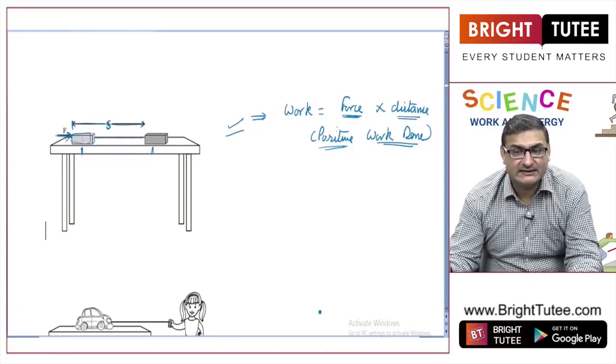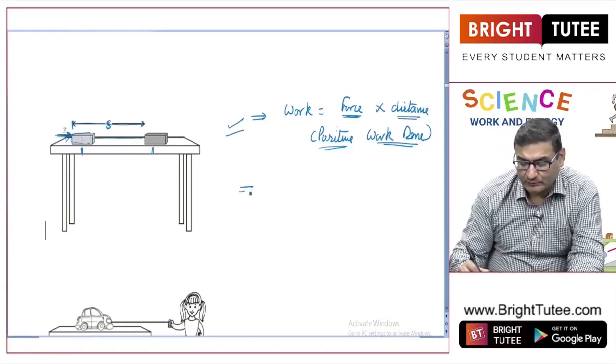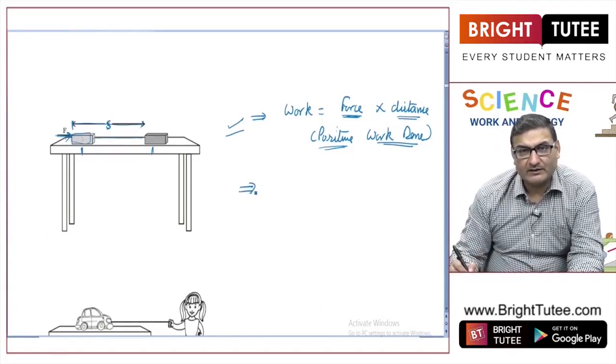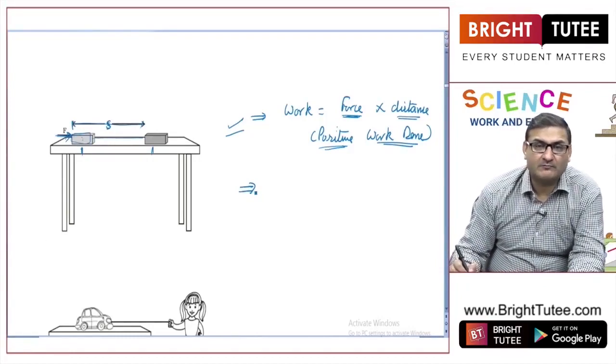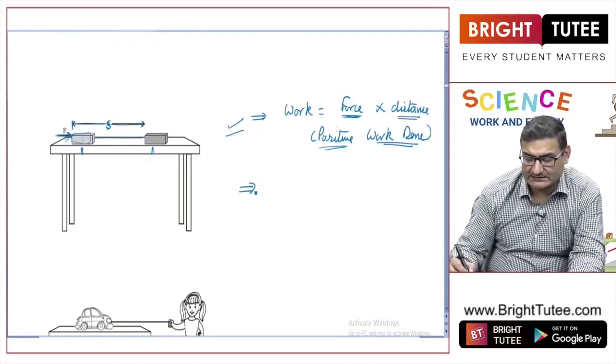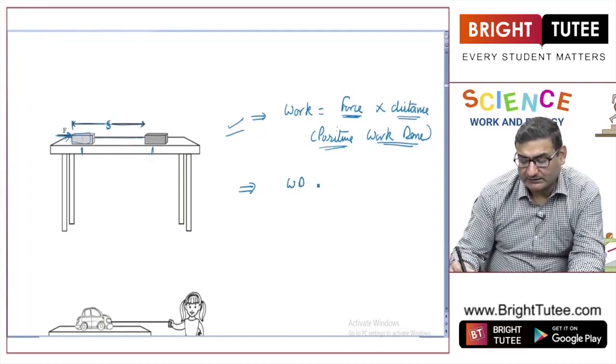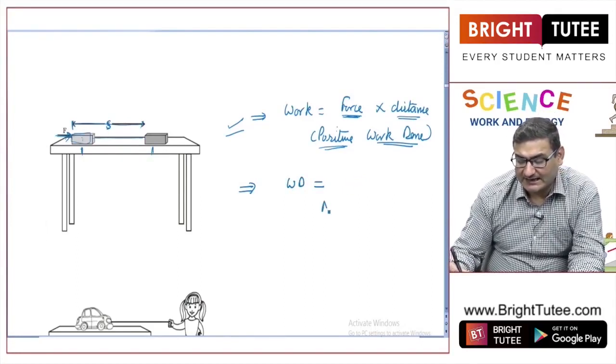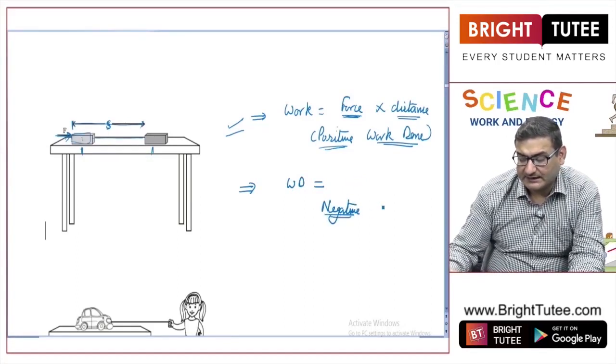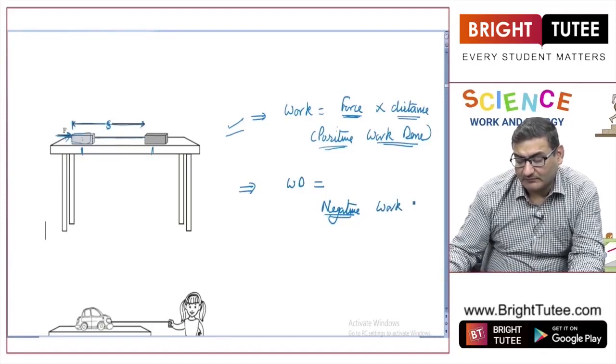But there are certain cases when you apply force in one direction, but the object moves in the opposite direction. In that case, now the work done is called negative work done. It is negative work done.